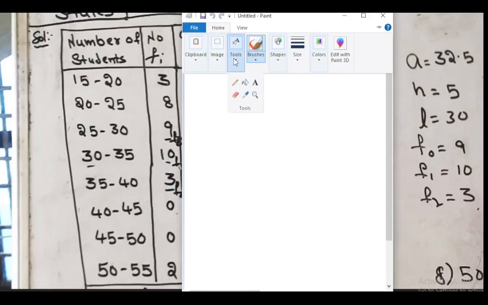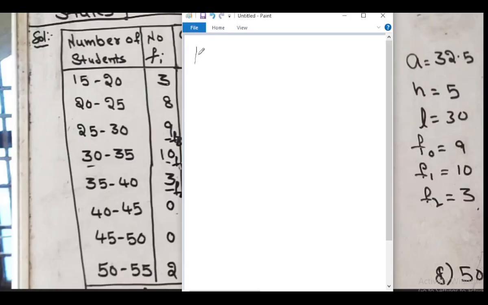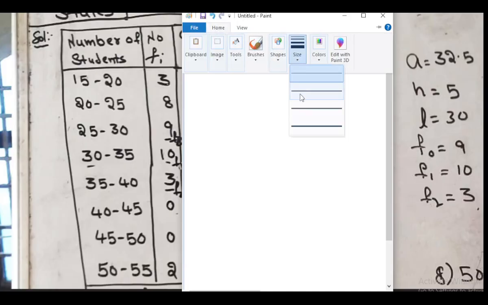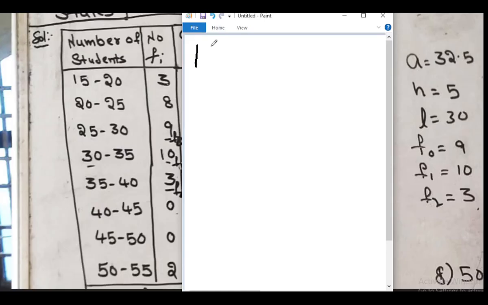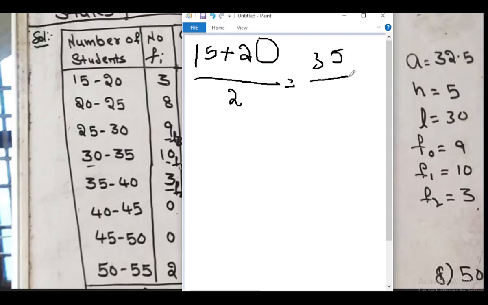So here we are taking the class intervals and finding the class interval average, which is equal to 15 plus 20 by 2, that is 35 by 2, which is equal to 17.5.